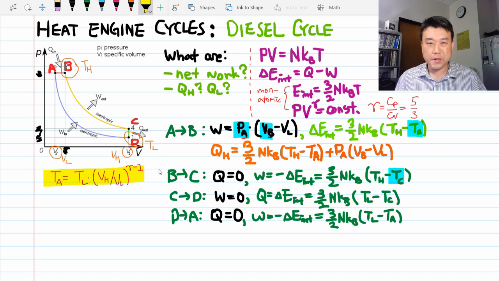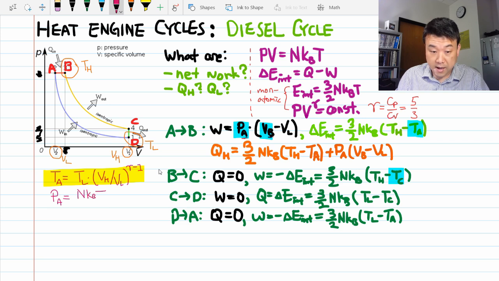This is all going to be chained together. So the next quantity I can figure out easily is pressure at A, because now I know the volume and temperature. I can use the ideal gas law to say pressure at A is equal to N k T_A, which now I know, over V_L.